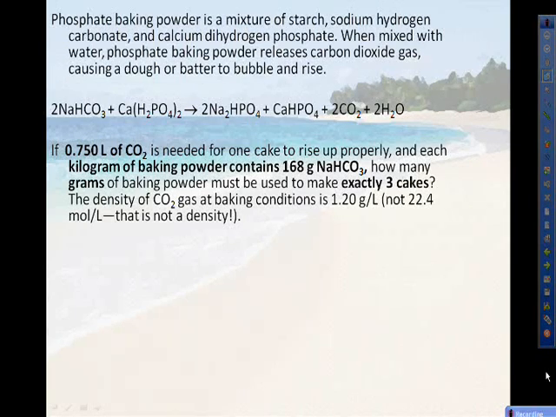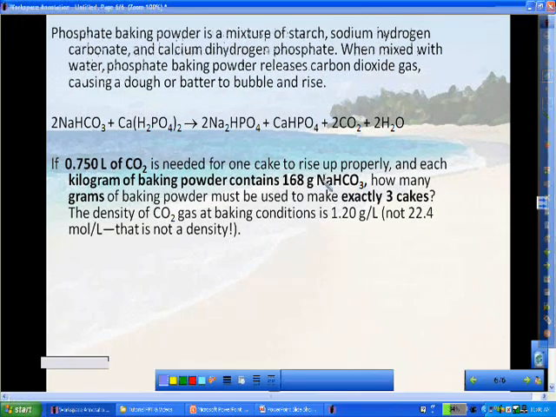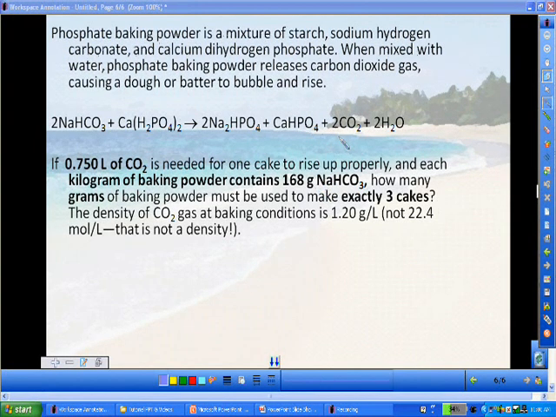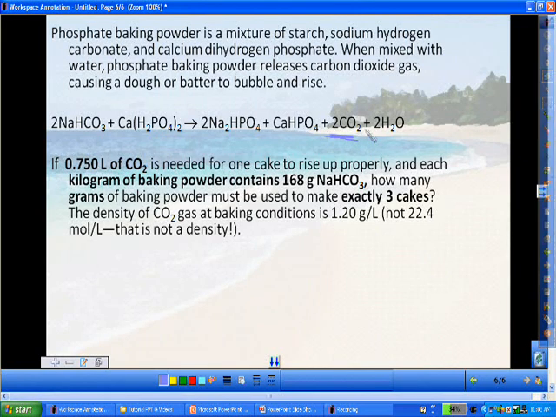And so thankfully we're given this equation and it is balanced, and so we just need to see what the problem is asking then. But a few things to note first, it tells us it releases the carbon dioxide gas. That's what causes it to rise. And so that's one of the things we'll most likely be looking at. But let's take a look.